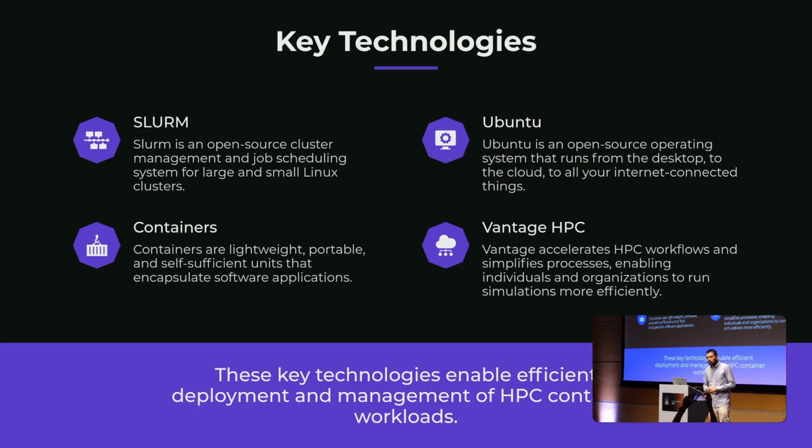Slurm takes care of the job scheduling and resource allocation in the cluster. There are other similar tools for that, like PBS, LSF, but Slurm is the most used one in supercomputers.